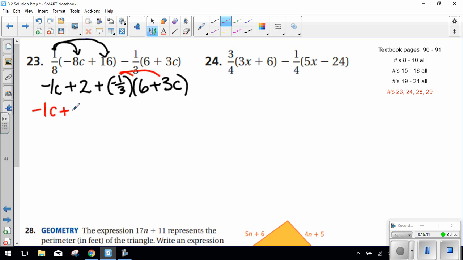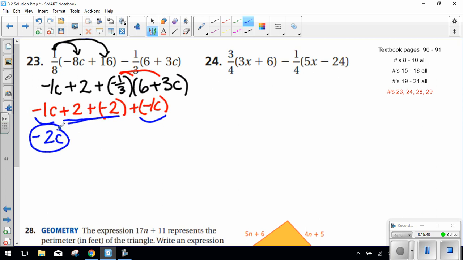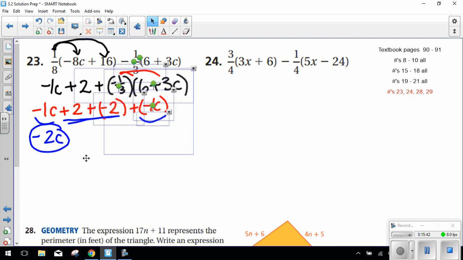So negative 1c plus 2 plus, in your calculators, negative 1/3 times 6 is negative 2 plus negative 1/3 times 3 is negative 1c. Okay, you will now take negative 1c and add negative 1c to get negative 2c. And then negative 2 plus 2 is 0. So this is my solution for 23.